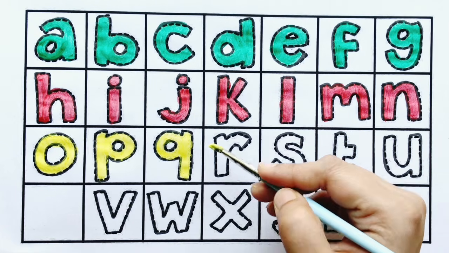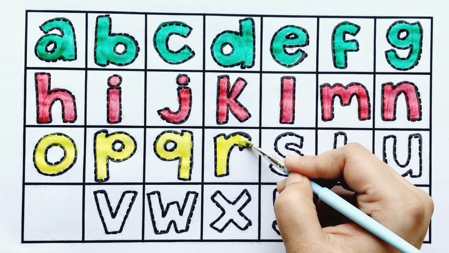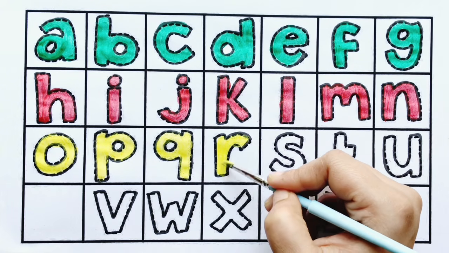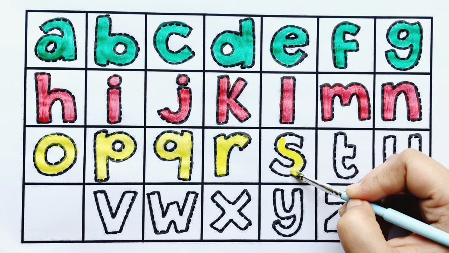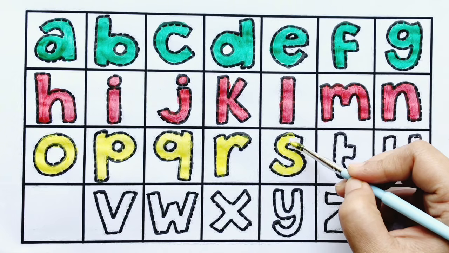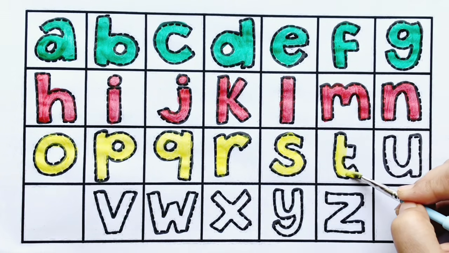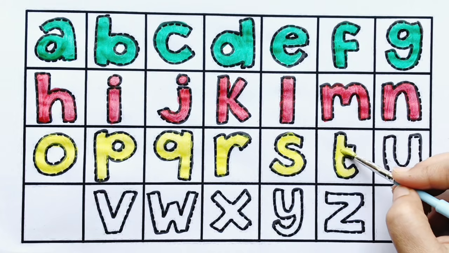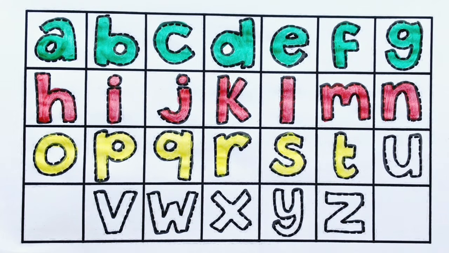R for rabbit. S for snail. T for tiger. U for unicorn.